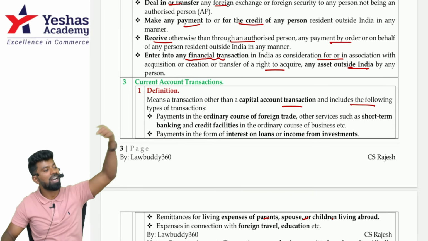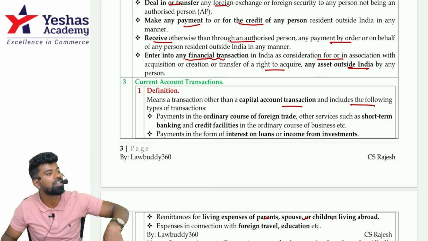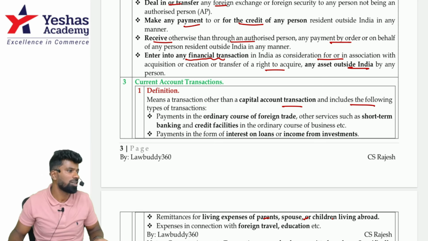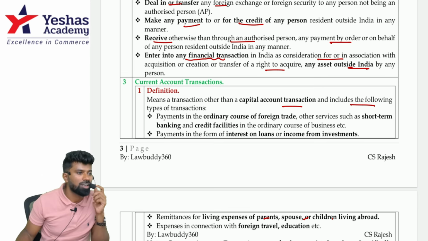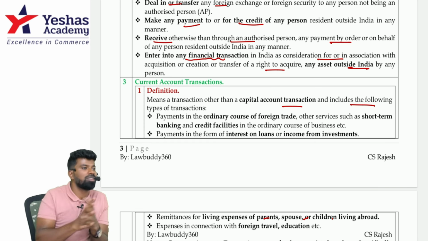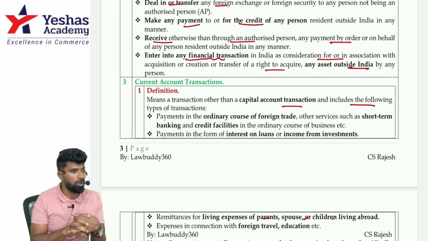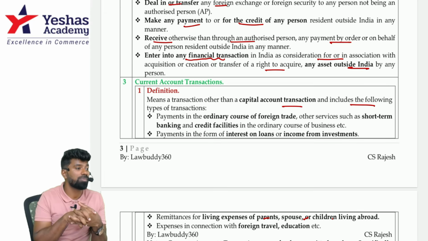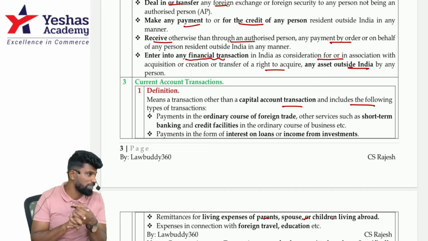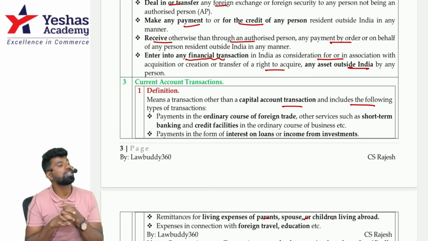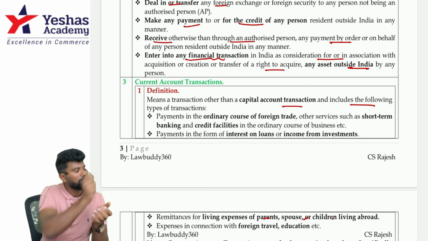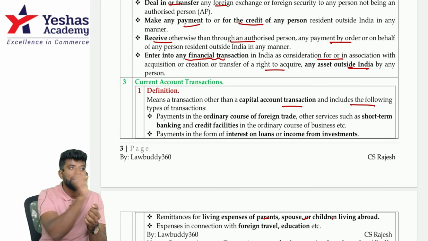If it creates any asset or liability for him, that is called a capital account transaction. Other than that, rest everything is current account transaction. I buy goods from abroad. What transaction? On cash basis, credit basis, short term credit, current account transaction.